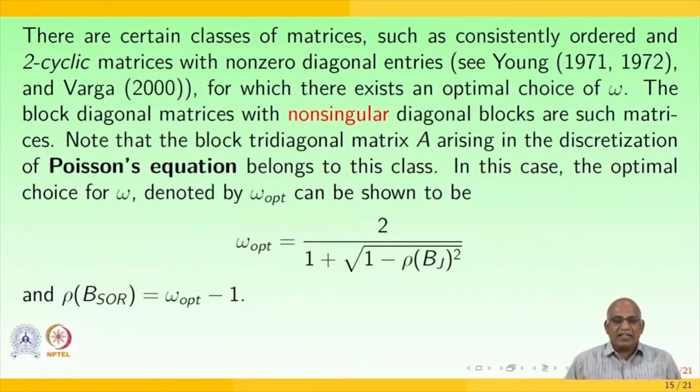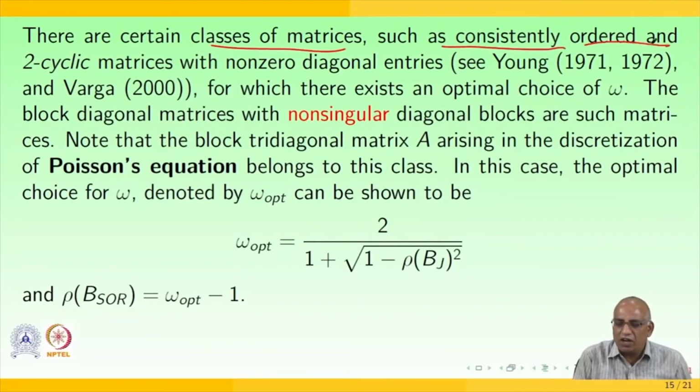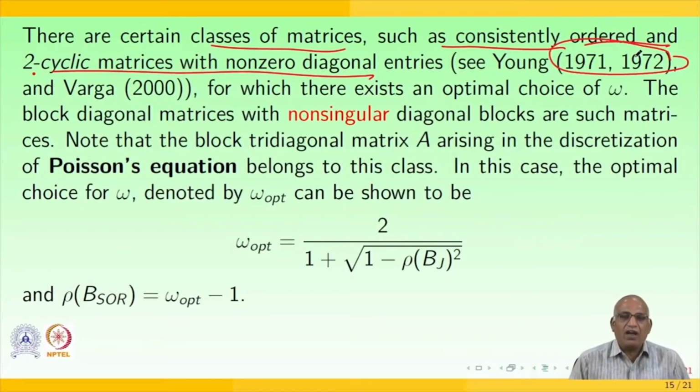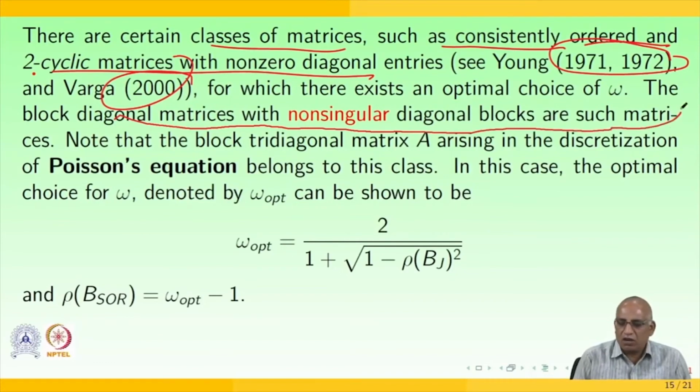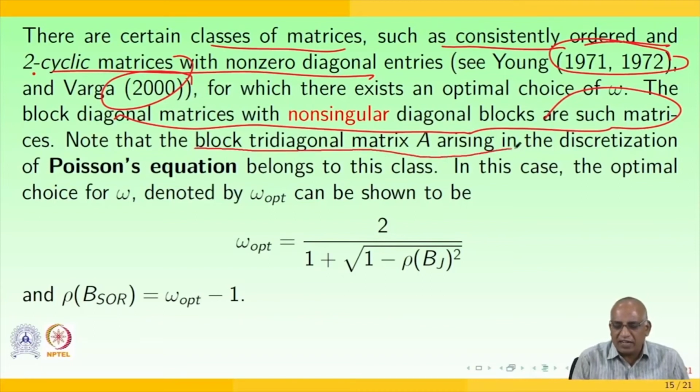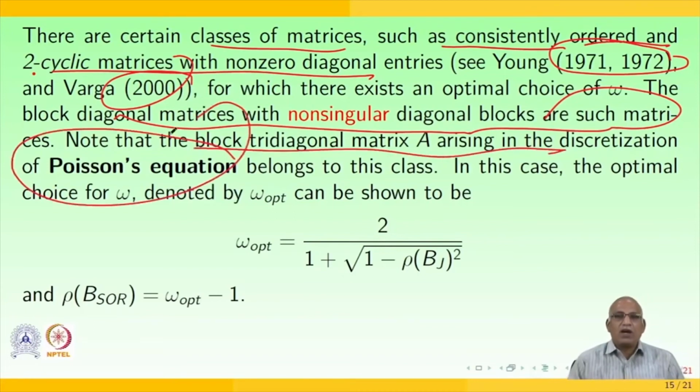So there are certain classes of matrices, such as consistently ordered two-cyclic matrices with non-zero diagonal entries, which were studied in the years 1971 and 72, and also by R.S. Varga in the year 2000. These include block diagonal matrices with non-singular diagonal blocks, such as the block tridiagonal matrix that arises in discretization of the Poisson equation.